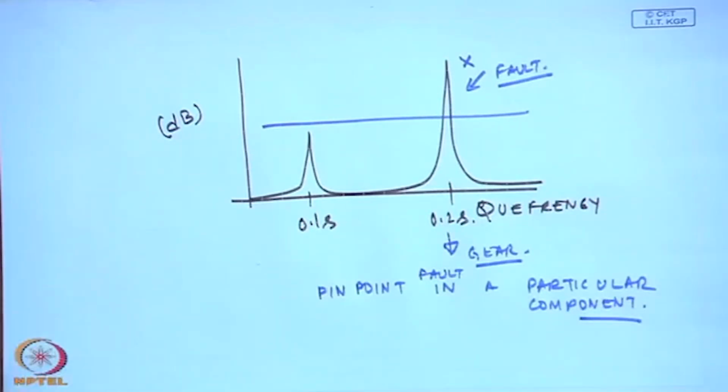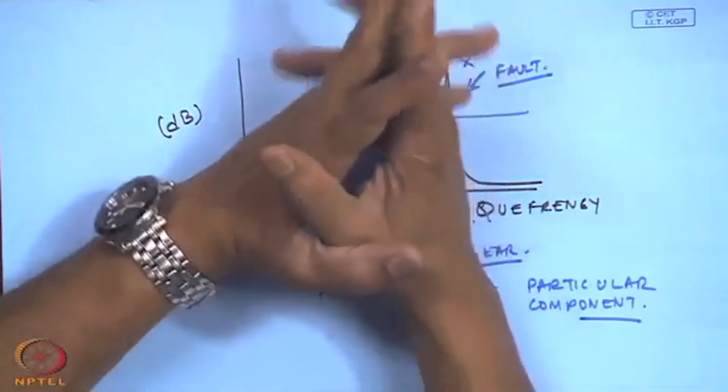Just to summarize, the gearbox is a very important mechanical component, and this device is used almost in every industry. Two broad ways of fault detection in a gearbox are oil analysis and wear debris analysis, and vibration analysis.